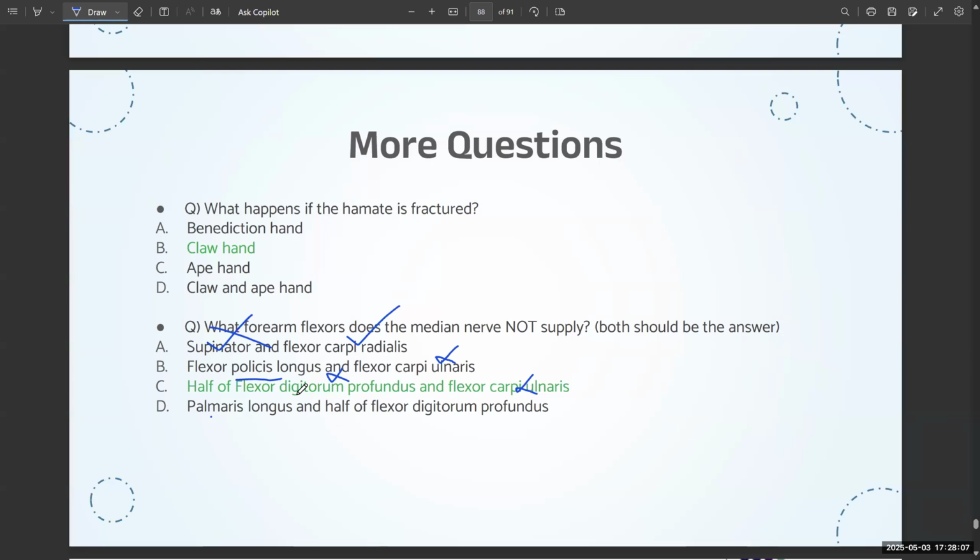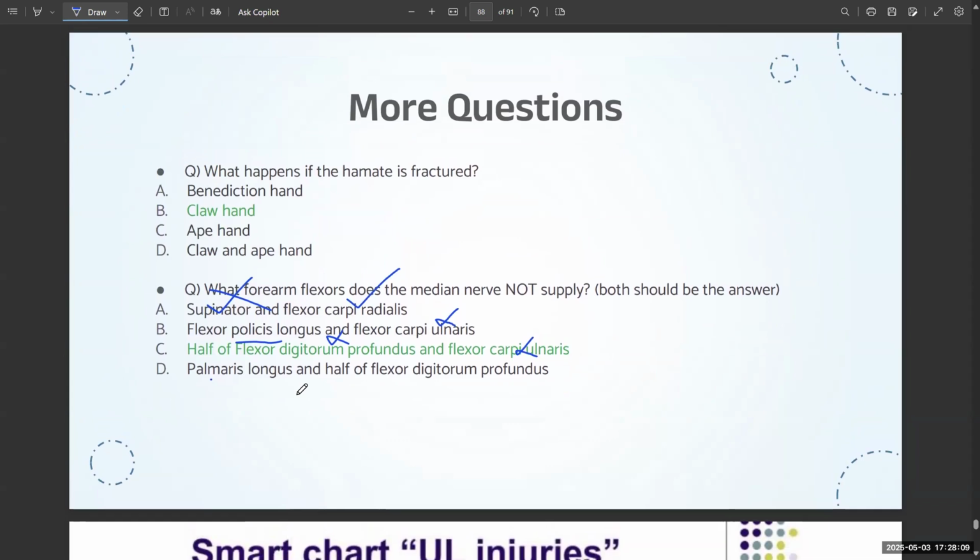And it's okay to be confused because I tried to make this question as confusing as possible and then I got confused myself. So let's pull out the little median nerve. Okay, so the median nerve supplies the palmaris longus. Yes, it supplies the palmaris longus and half of flexor digitorum profundus. So yeah, it supplies that too.